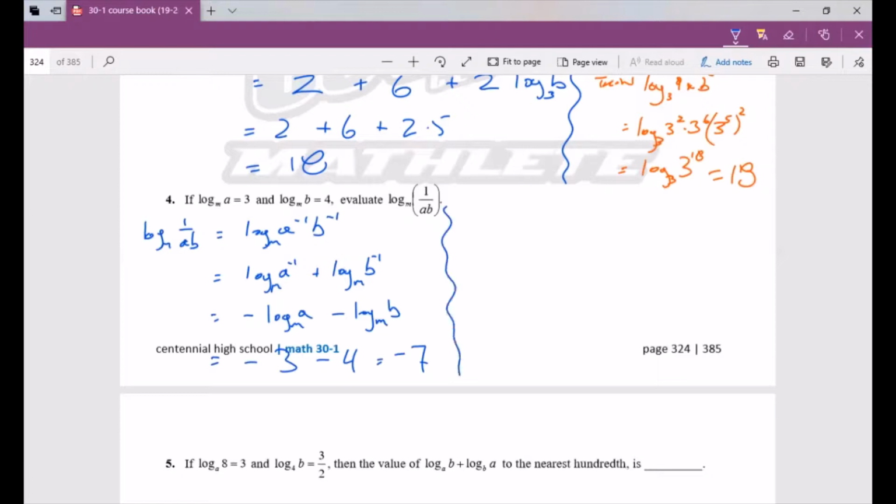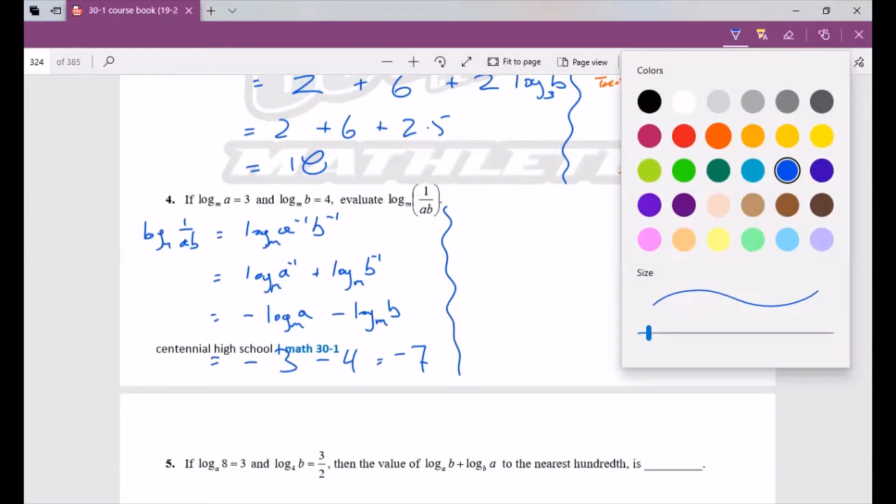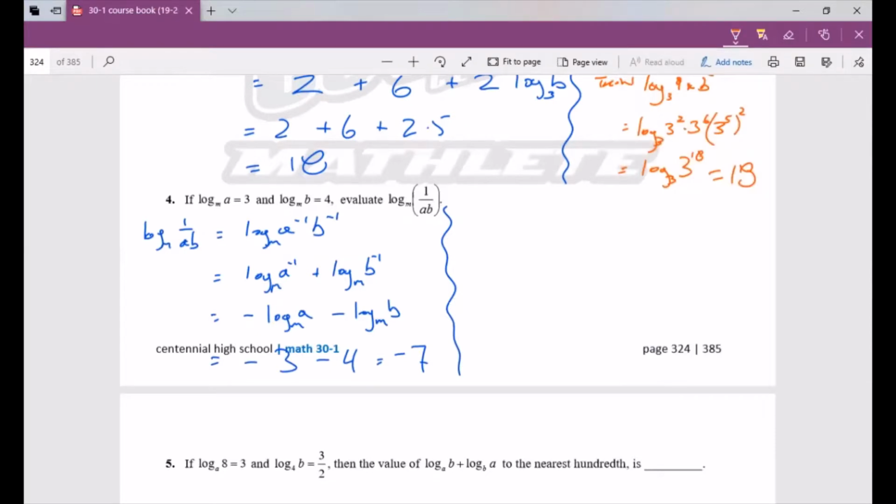Now, if instead we took log of a base m equal to 3, therefore we swap this around into exponent form. m to the 3 is equal to a.